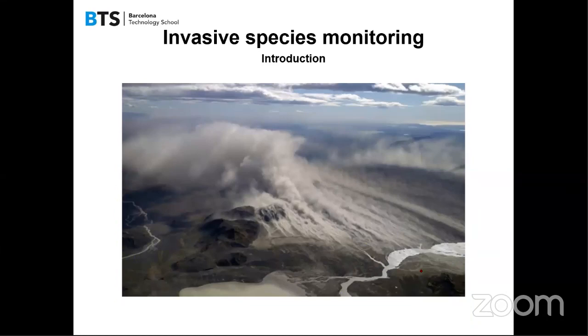Iceland has a huge problem with soil erosion, being an island in the middle of the Atlantic, for infrastructure but also in terms of health, right? Because you have microparticles flying around.